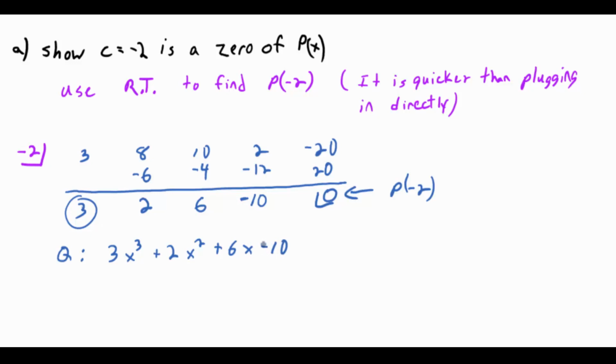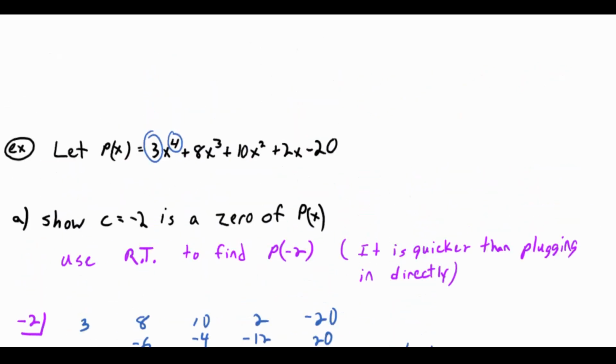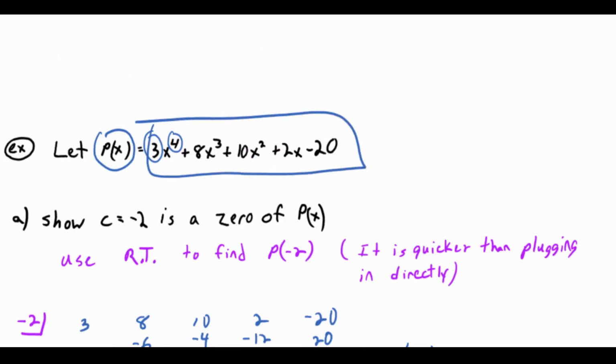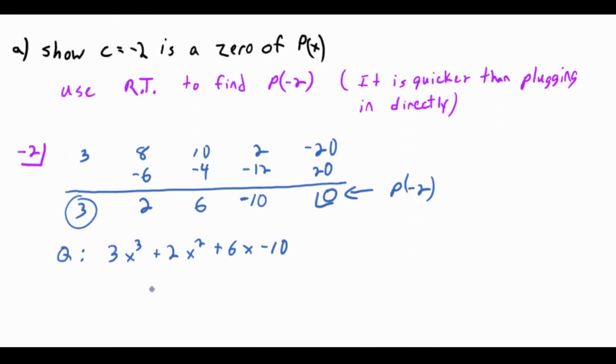Okay. The check on division says what? That the original polynomial, I'm just going to call it p of x to save time, can be written as the divisor times the quotient plus the remainder, right? But the remainder is 0.